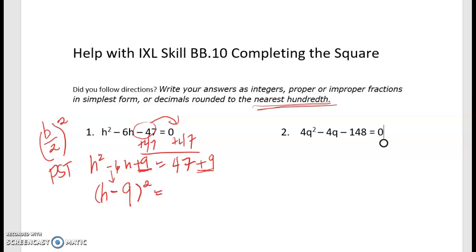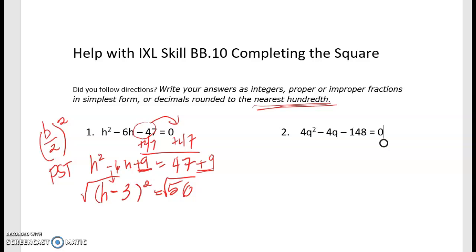That should be a 3 because the square root of 9 is 3. And then 47 plus 9 is 56. Once you get that on both sides, our next step is to square root the left and square root the right.